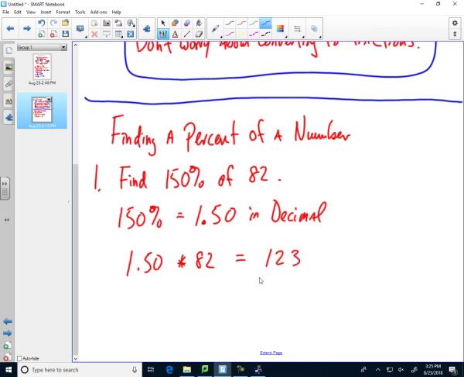So that's our answer. So on this particular type of problem, we have to convert the percent into a decimal before we can multiply by this other number. And the 82, you could say, well, that's a decimal as well, because 82 could be expressed as 82.0, so they're both decimals. Okay, so that's one type of problem we have here.